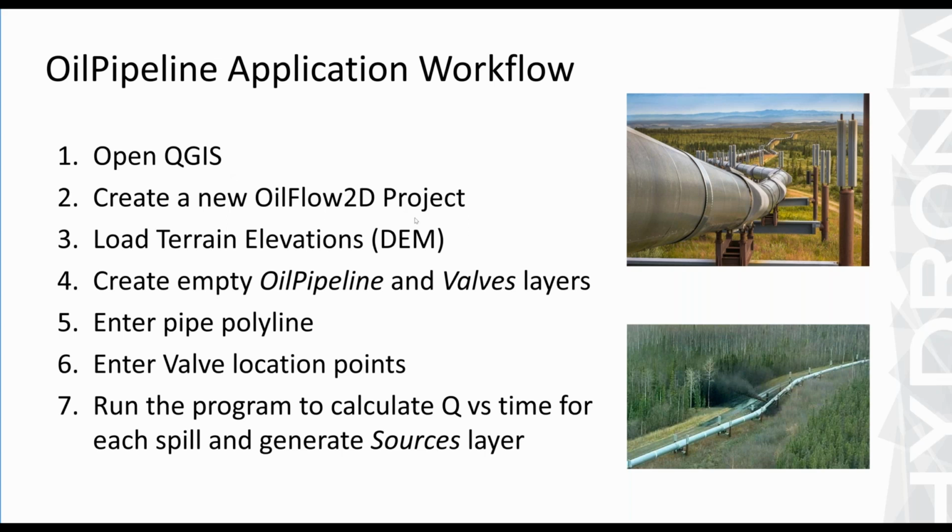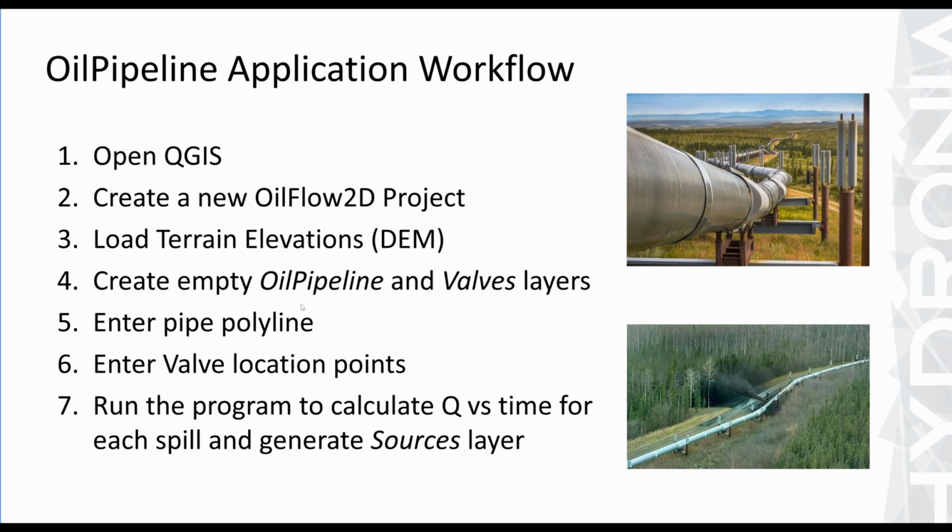For that, you need to create a new OilFlow2D project, and load the terrain elevations in the form of a digital elevation model. It can be a raster, for instance. You then can create the oil pipeline and valves layers. The oil pipeline is the layer that contains the oil pipeline itself. It's a polyline, and the valves is a layer that contains the block valves that are or can be along that pipeline.